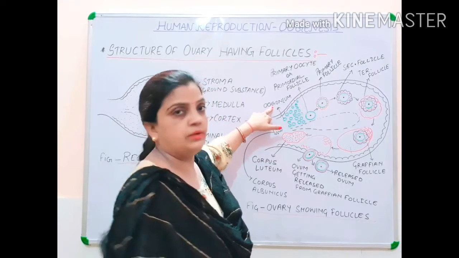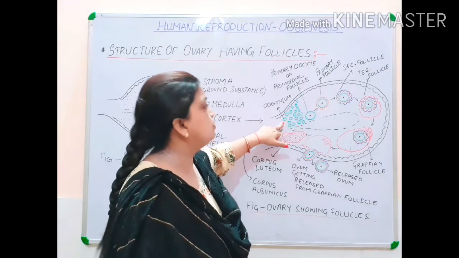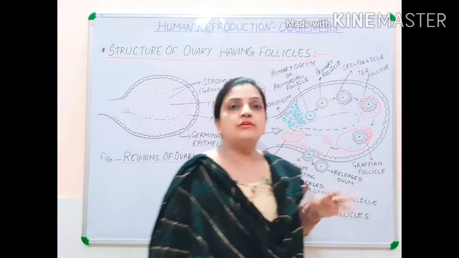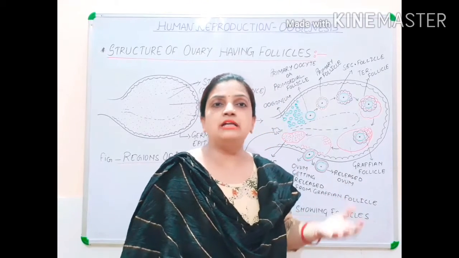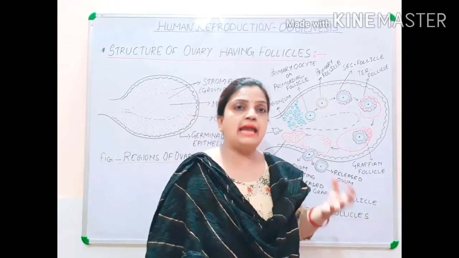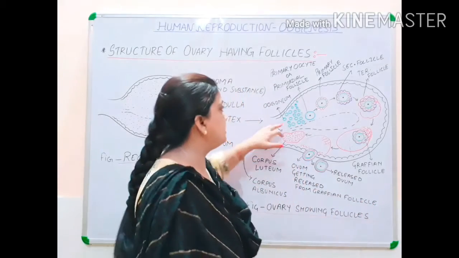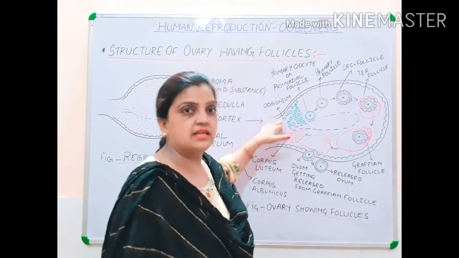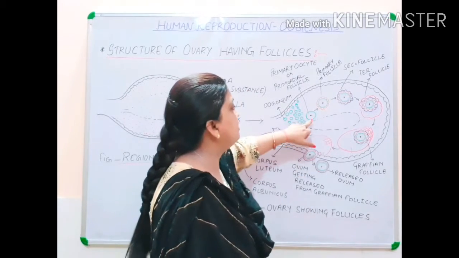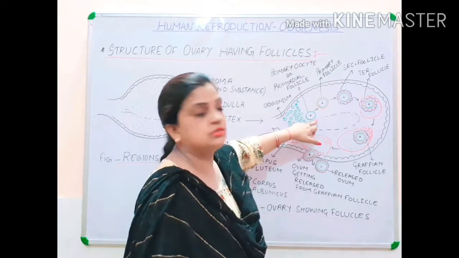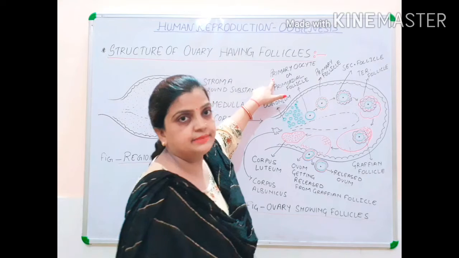So these are oogonium. Now children, you know that from these oogonium cells, some cells can develop and start behaving like egg cells, your mother egg cells. These mother egg cells grow bigger in size and develop into primary oocyte. So this diagram is your primary oocyte.